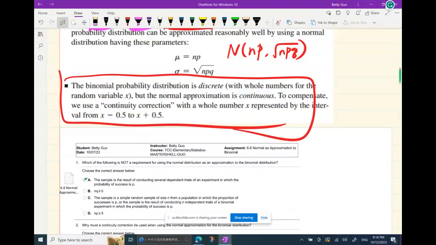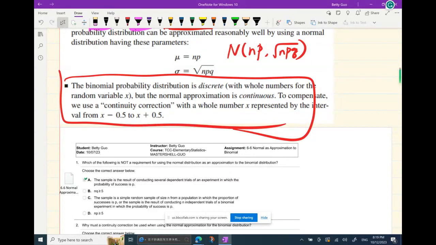So the binomial variable has to be discrete and only assume whole numbers. 0 is the minimum value, and then 1, 2, 3, 4, all the way to n, right? Yeah, those are the values the binomial variable assumes. But now if we use a normal distribution to approximate, a normal distribution is continuous. Yeah, normal distribution, as you can see from the density curve, the bell-shaped curve, the domain is all reals. So x could be any number from negative infinity to positive infinity, right? Yeah. Now how do we adjust that?